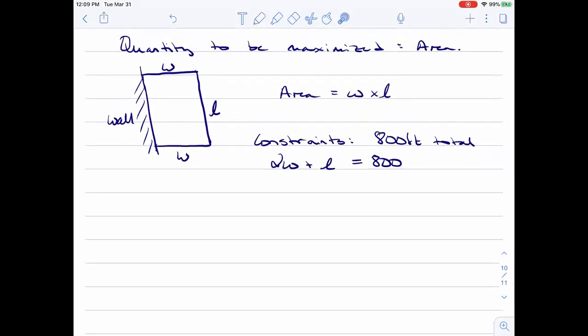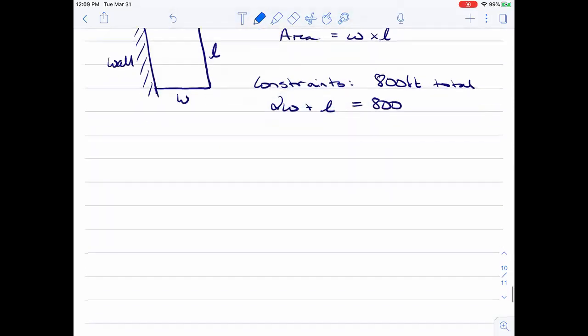So I've got area in terms of W and L. What I'm going to do is use this function to replace one of these variables. To make it easier for myself, I'm going to solve for L. Solving for W would work too, but it's just going to be a little bit nastier to deal with.